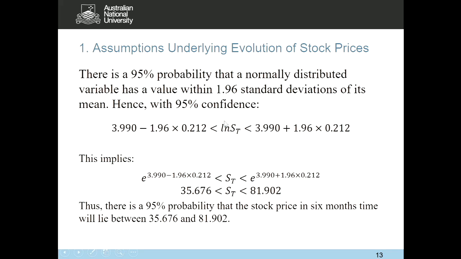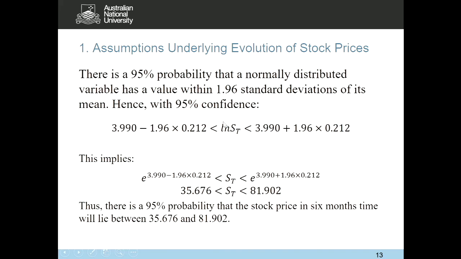So basically, this has a lower bound of the mean, so the mean is 3.99, minus 1.96 times the standard deviation. You can think of this as the lower bound. Now the upper bound is simply the mean, 3.99 plus 1.96 times the standard deviation.